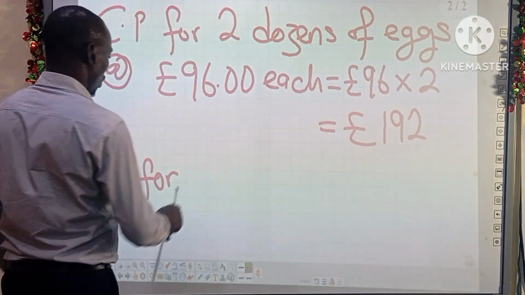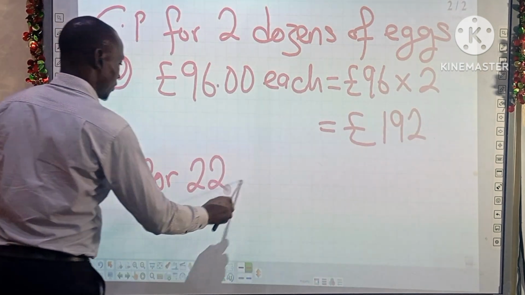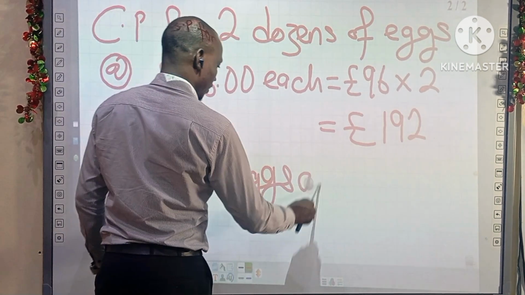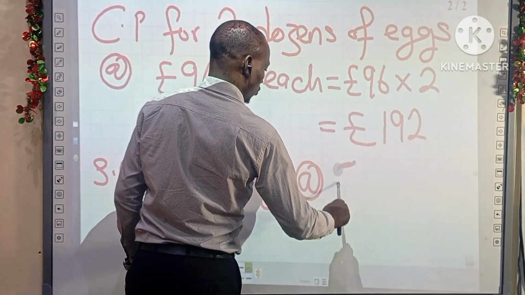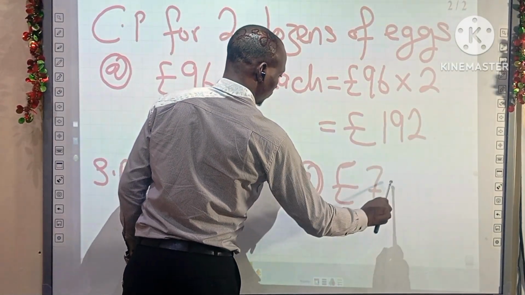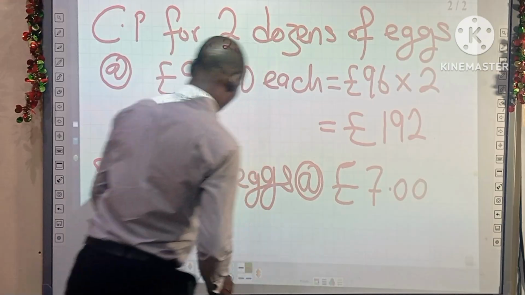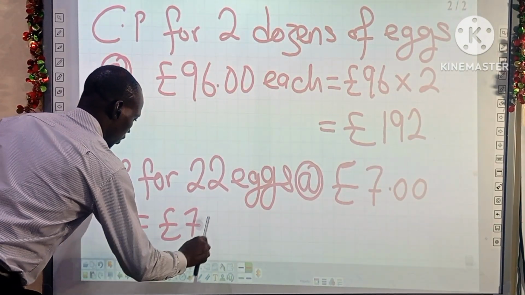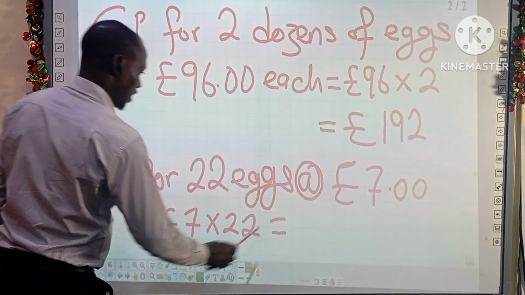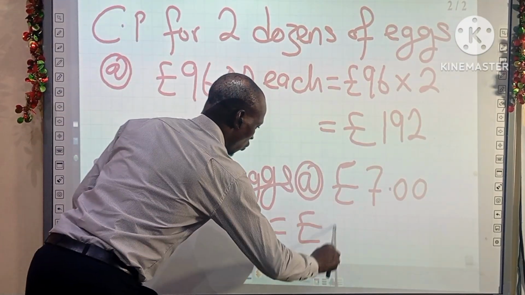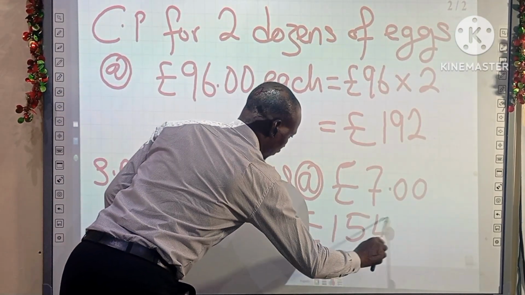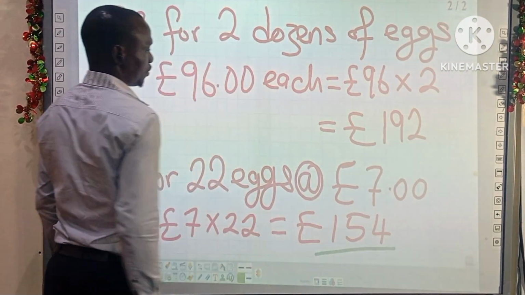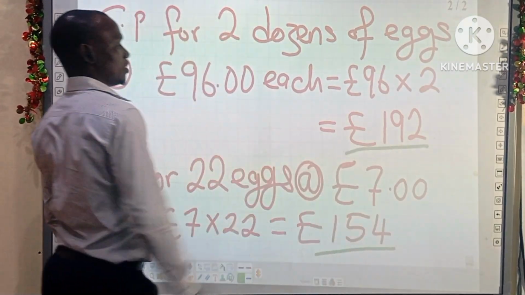So the selling price for 22 eggs at 7 pounds each will be equal to 7 times 22. This gives us 154 pounds.